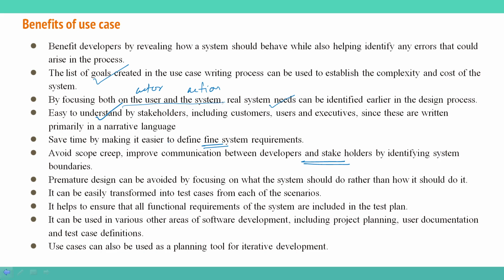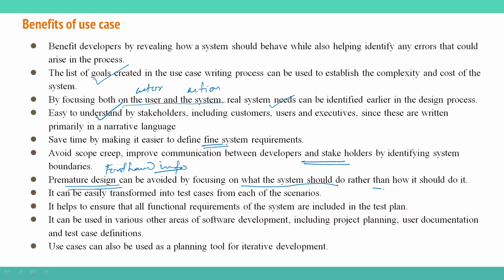Then premature design can be avoided, because when you go for design without knowing what is required, we may design based on the first hand information received. Then it should not be done, because we focus on what the system should do rather than how it should do it.